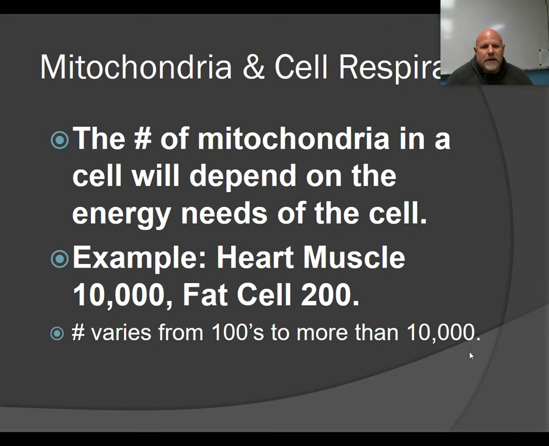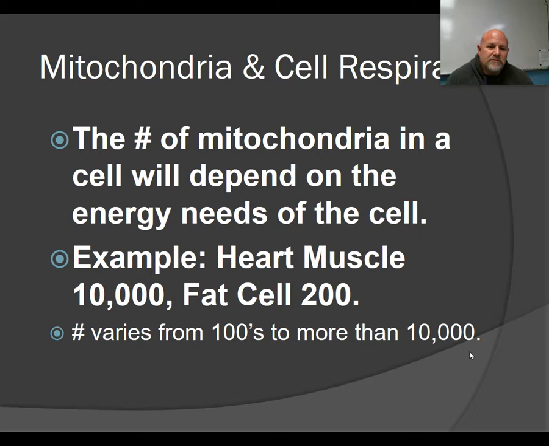Mitochondria are unique organelles in our body. They can multiply their numbers based on demand. So cells that have a high energy usage, like our heart muscle cells, which are constantly beating our whole life, are going to have large numbers of mitochondria in them, sometimes 10,000 or more mitochondria per cell.